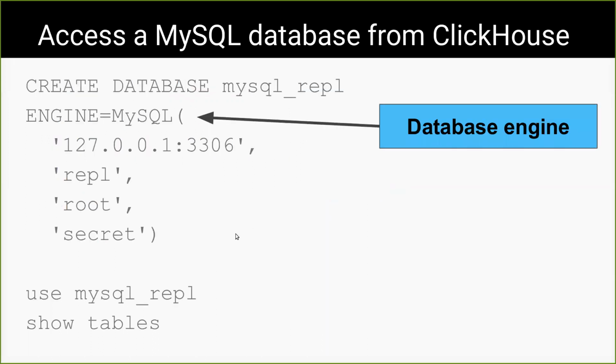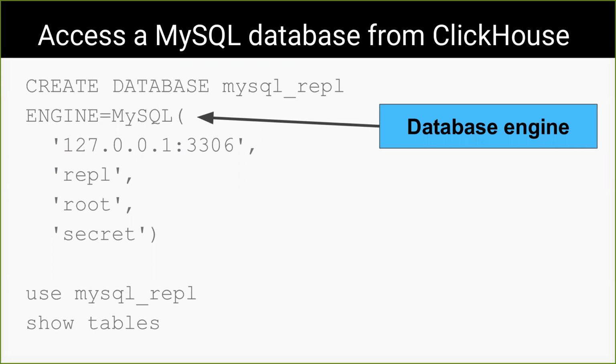So let's look at setting up the MySQL database engine. This is actually really simple to do. What you're going to do is issue a create database command in ClickHouse, and for the engine, normally you don't say anything, and then it's a proper ClickHouse database with local data.